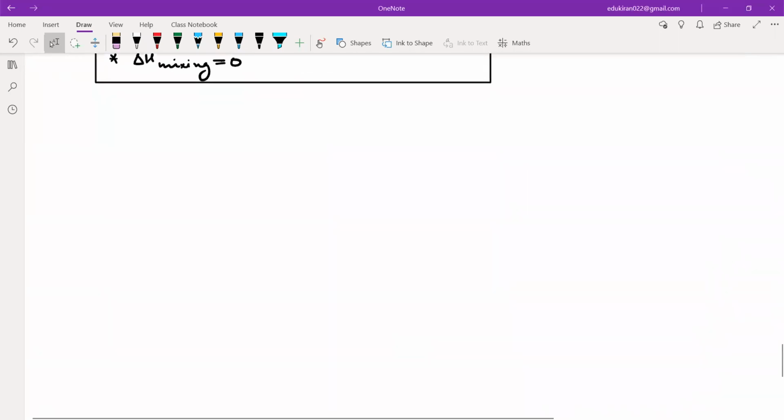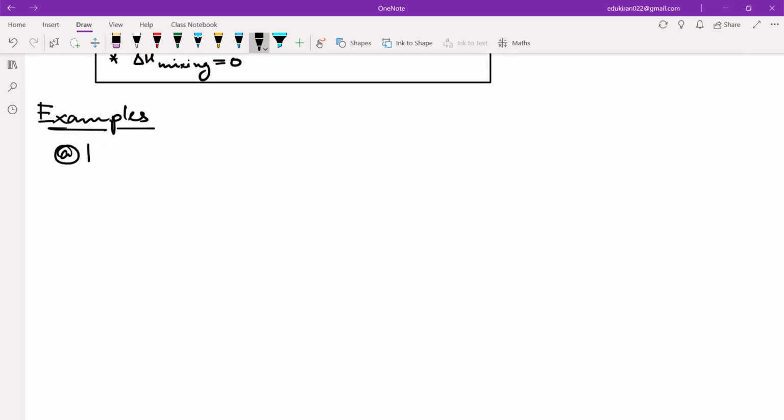So you can write some examples here, okay? Examples for ideal solutions. In examples, you can see if you have benzene and toluene. Obviously both of these are not even structurally very different, right? We have just one carbon more in toluene, right?